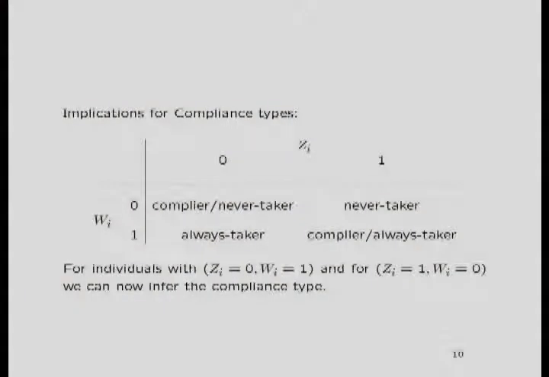Now, what is the implication of the monotonicity assumption for these compliance types? It implies that for some individuals, we can now infer what type they are. You look at the individuals for whom you see not serving in the military, even though they were draft eligible, you know they would also not have served had they not been drafted, and so they must be never takers.